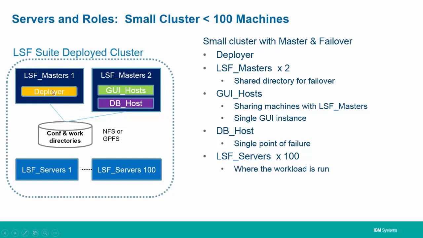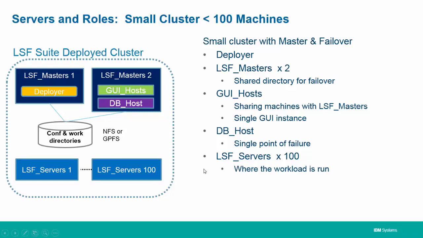So if I were to lose, say, this master box here, well, my jobs are still going to run because we'll fail over to the secondary LSF master. But in this configuration, I only have one host running the GUI host. So if I were to lose this host here, I've lost my GUI, but the jobs keep on running.